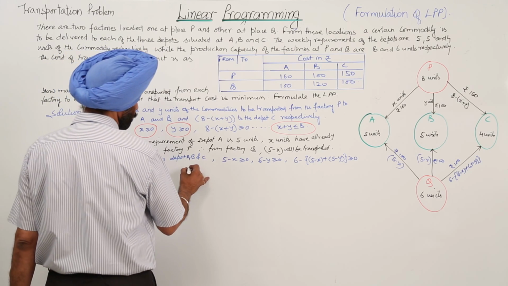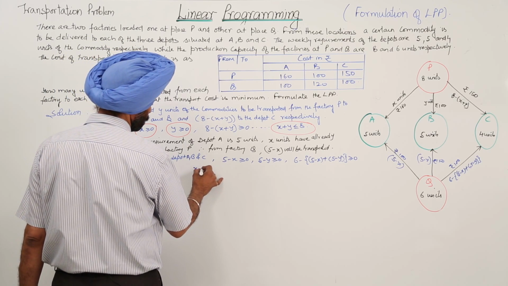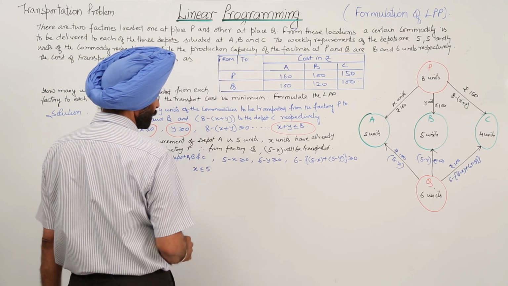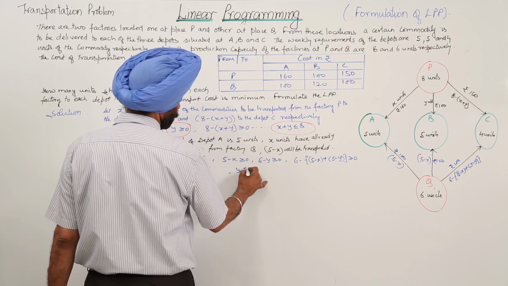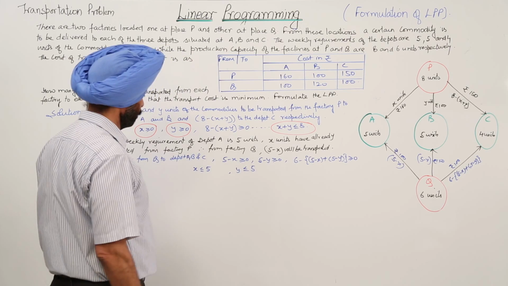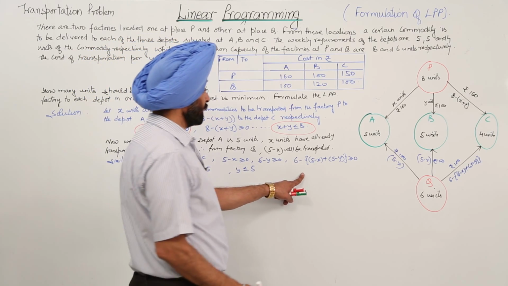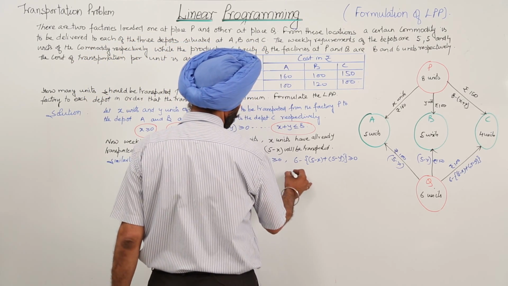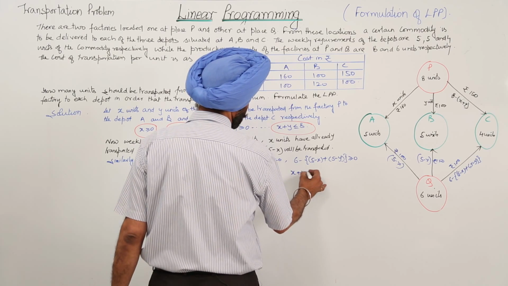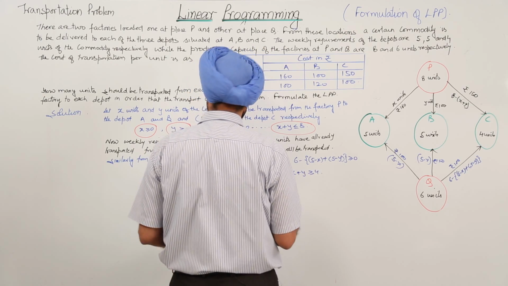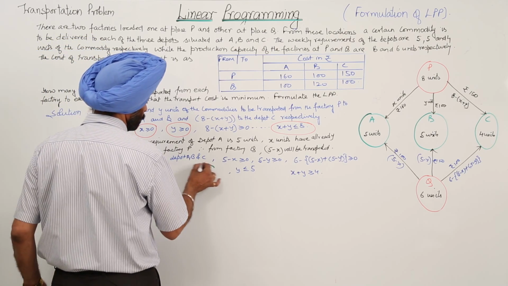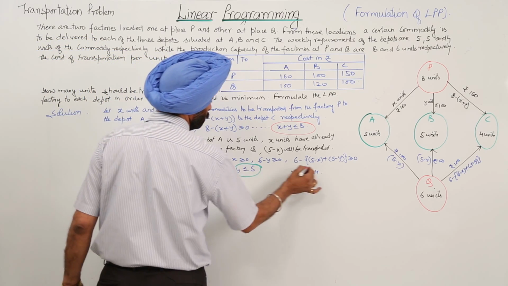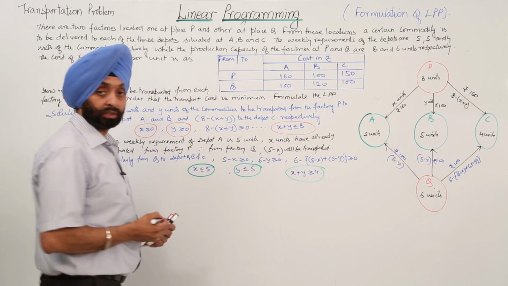On solving, we have X less than or equal to 5, Y less than or equal to 5, and X plus Y greater than or equal to 4. So now we have constraints 1, 2 and 3.